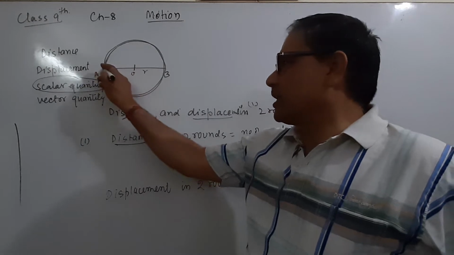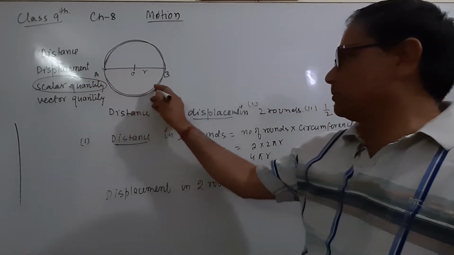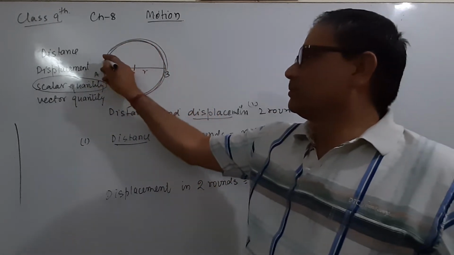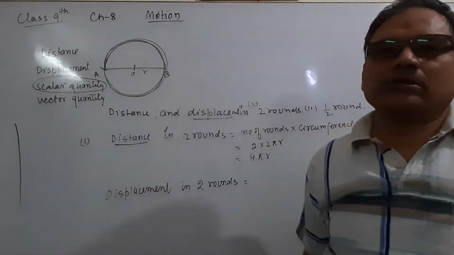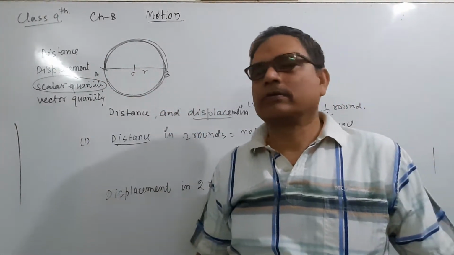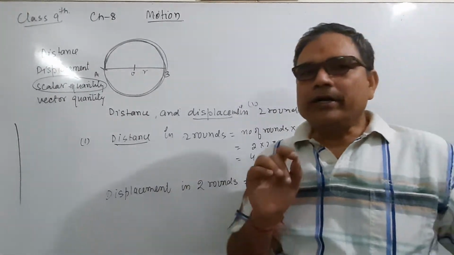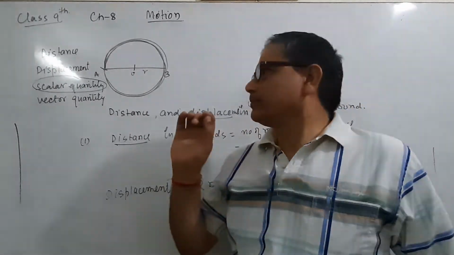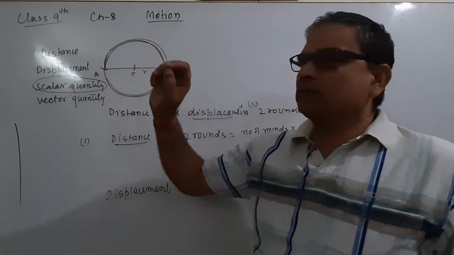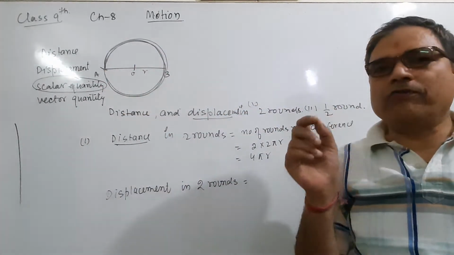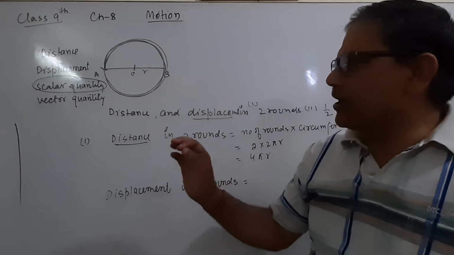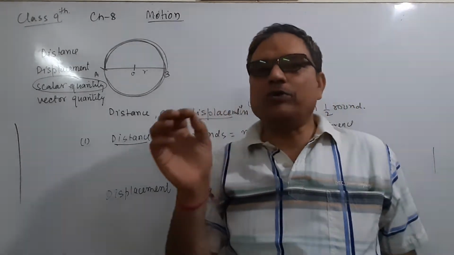And now I again start the second round and reach the same point from where I started. It means it indicates the direction of initial and final; both coincide with each other.